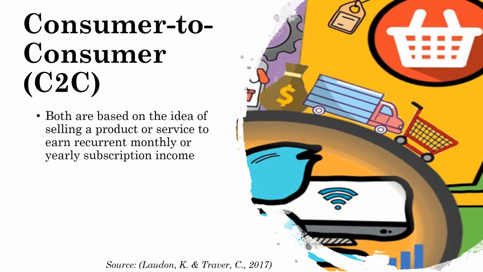It is important, however, that both seller and buyer have to register with the auction sites. So meaning that consumer to consumer is based on the idea of selling a product or service to earn recurrent monthly or yearly subscription income.